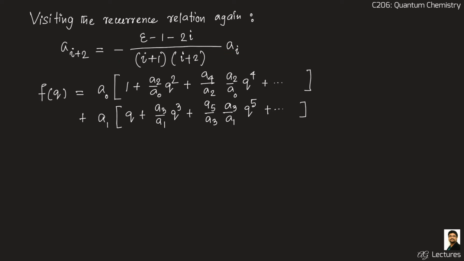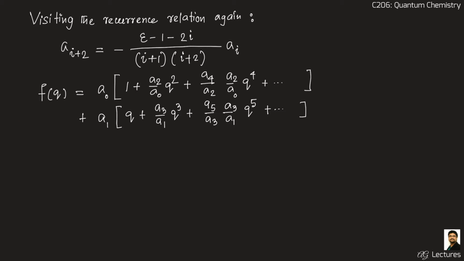And if we just try to write down the infinite series in terms of a0, a1, and other coefficients, what is obtained is that you have one infinite series with a0 and another infinite series with a1. So we have two independent infinite series going on, which combinedly is giving this f, correct?